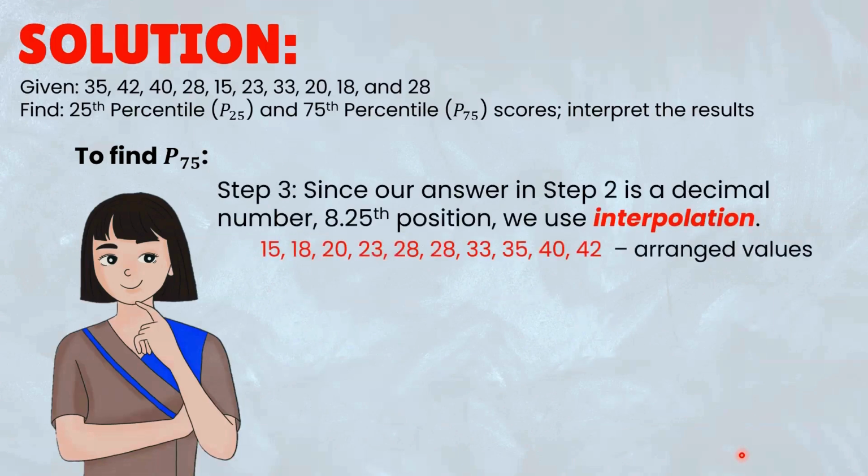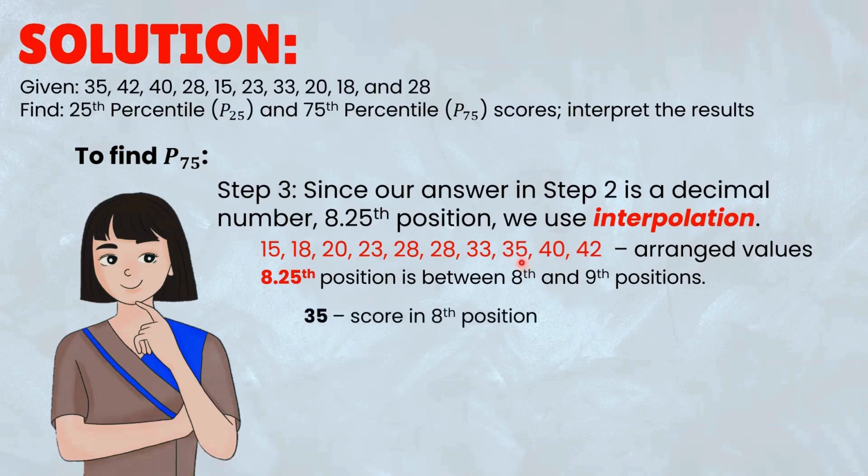So to perform the interpolation process, we first locate the 8.25th position based on our arranged values in step 1. So the 8.25th position is between the 8th and the 9th positions. 1, 2, 3, 4, 5, 6, 7, 8, and 9. So our 8th score is 35 and our 9th score is 40. So 8.25 is somewhere here.